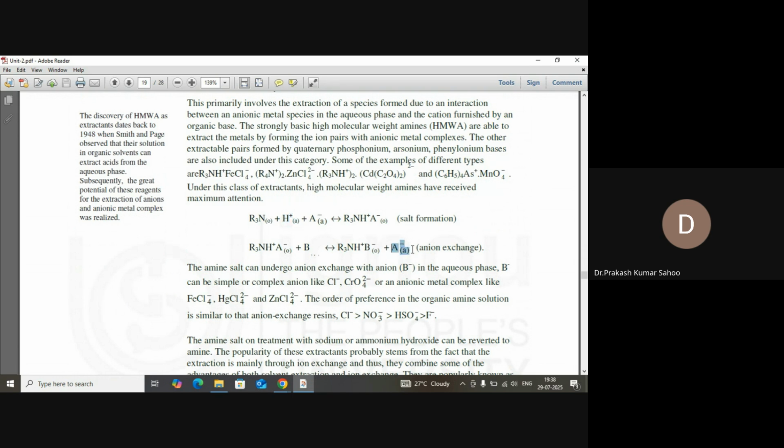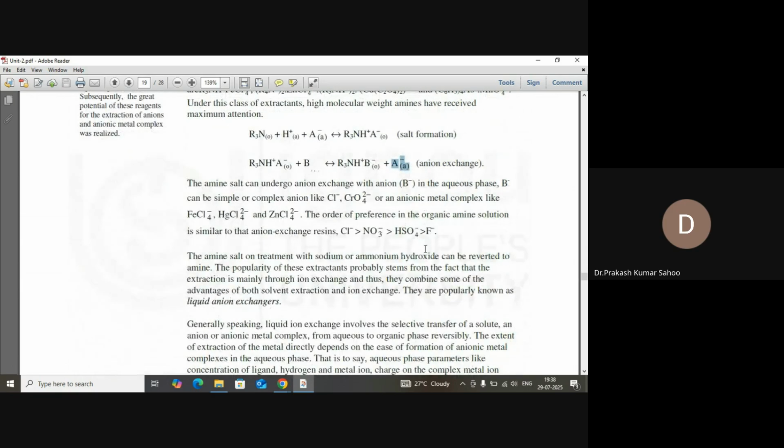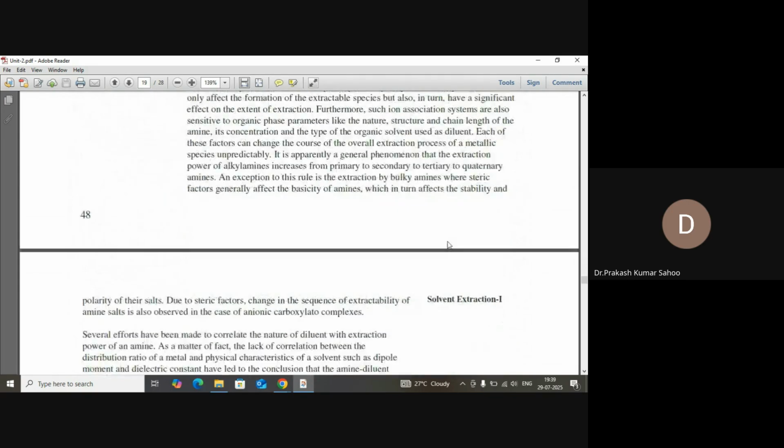This is A minus, this is the anion exchange. So depending on the type of salt you have taken for this extraction, accordingly their anion exchange regimes may have different orders.